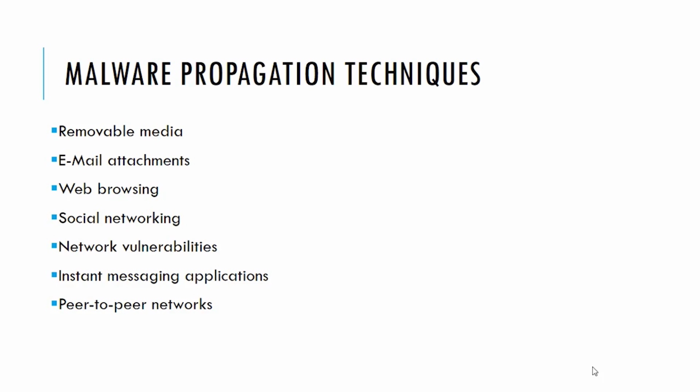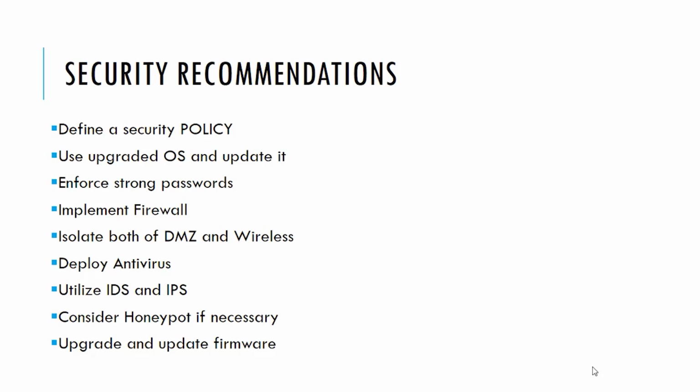Instant messaging applications can spread malware either through the chatting itself or through the attachments and files being transferred. Peer-to-peer networks too. All of these are malware propagation techniques and should be taken care of, and we should be aware of all of them and put in mind how to defend against malware propagation through any of these techniques or networks.